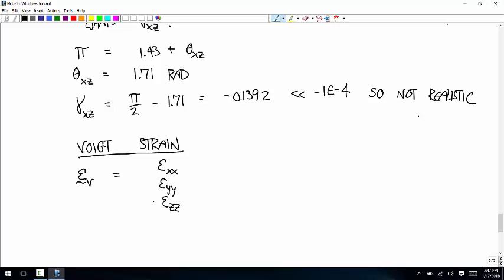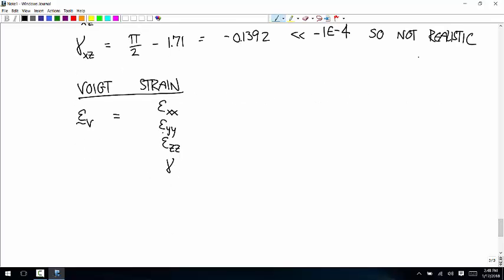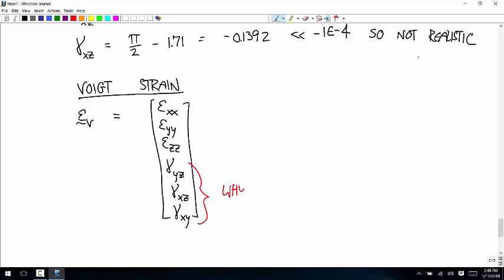But now you put the shear strains in exactly the opposite order you would think: gamma yz, then gamma xz, and then gamma xy. You just have to remind yourself that every time. It's strange, but that's just how it is.